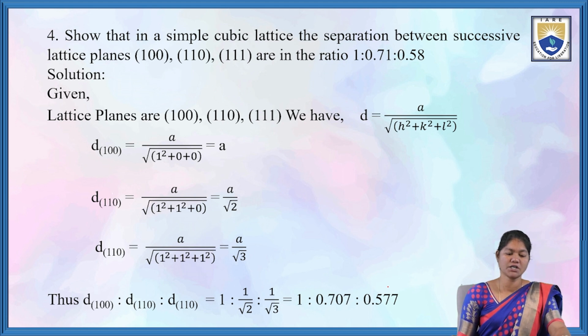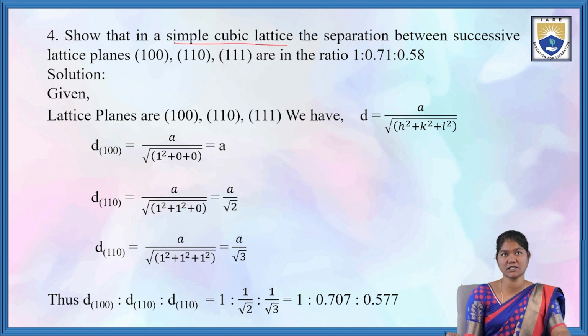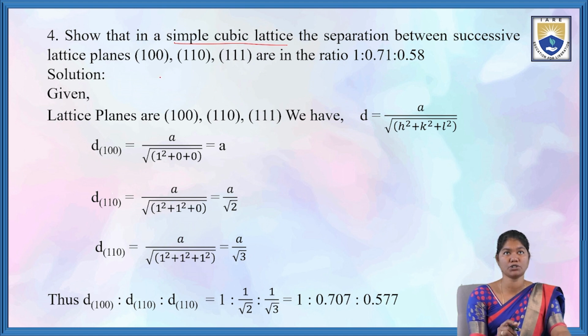Next, show that in a simple cubic lattice, the separation between successive lattice planes 100, 110, 111 are in the ratio 1 is to 0.71 is to 0.58.